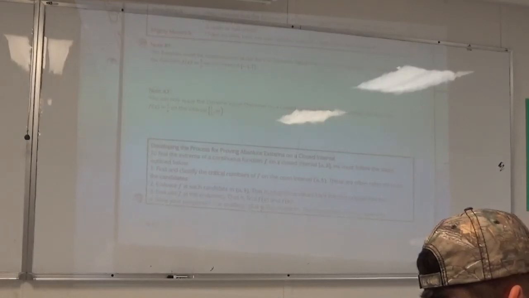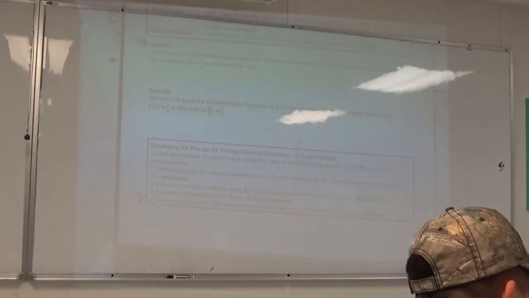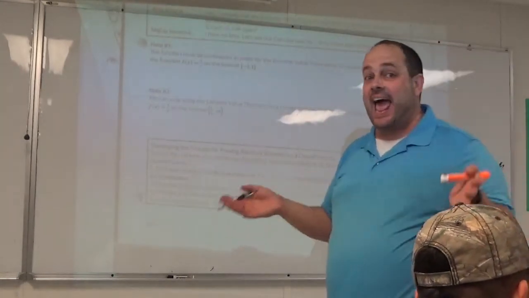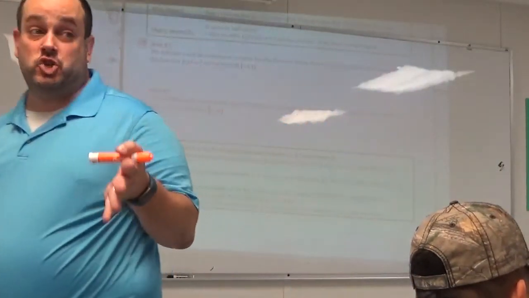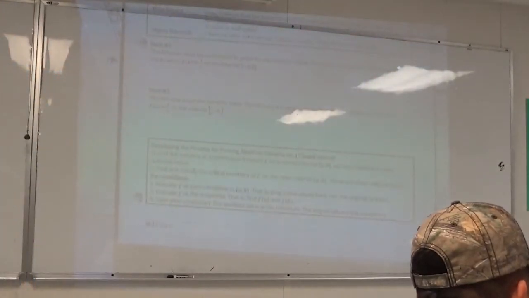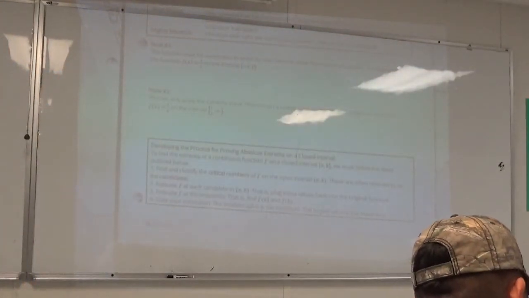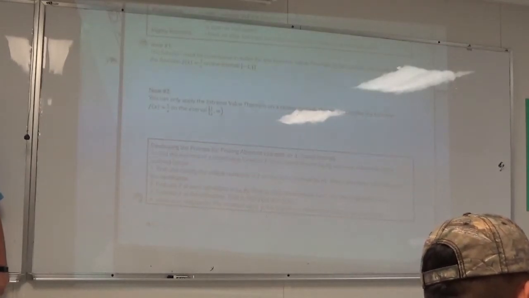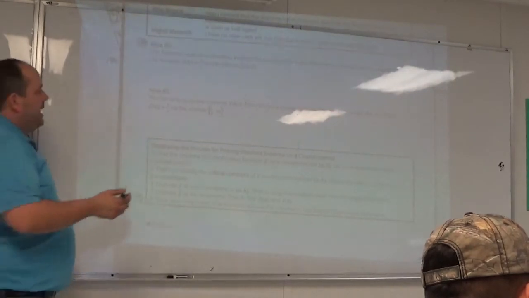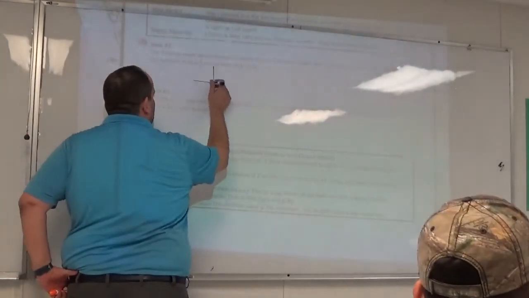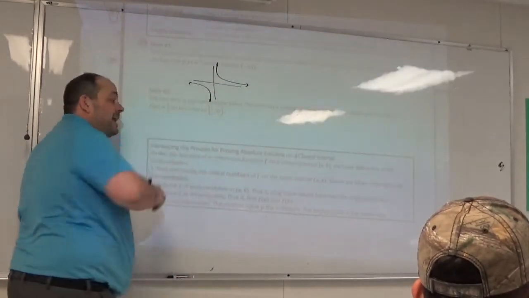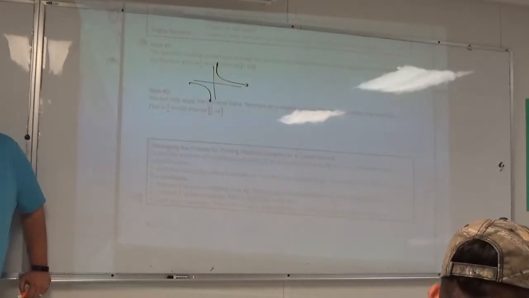What does that graph look like? f of x equals 1 over x on the interval -1 to 1. Anybody have any problems with this function? If you're not sure, sketch it on your paper. f of x equals 1 over x. You know what this looks like. It looks like that.